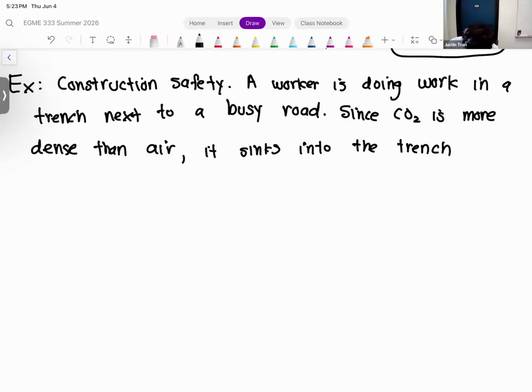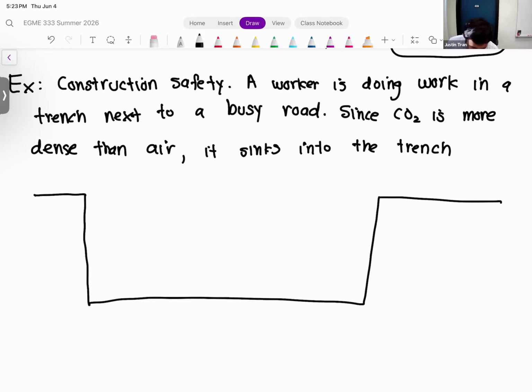All right, so we have a trench like this. Let's say we have a person here. And so then, just by natural phenomenon, we have CO2 that's essentially coming into the trench.